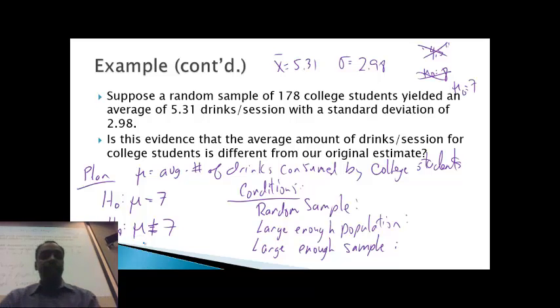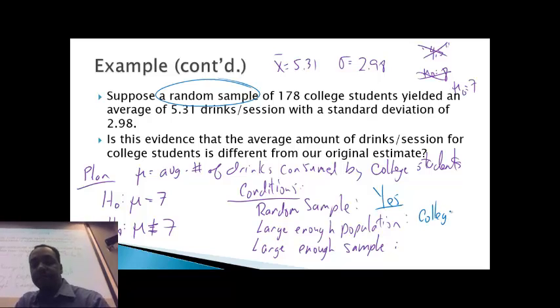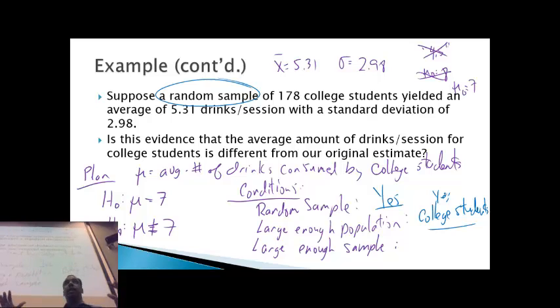So random sample, there she is. Yes. Large population: we're talking about college students, so I'm going to say that's a yes. The population of college students is arbitrarily large.